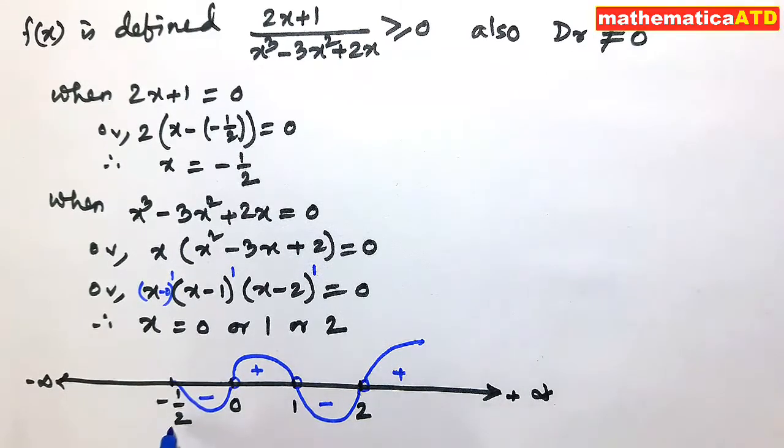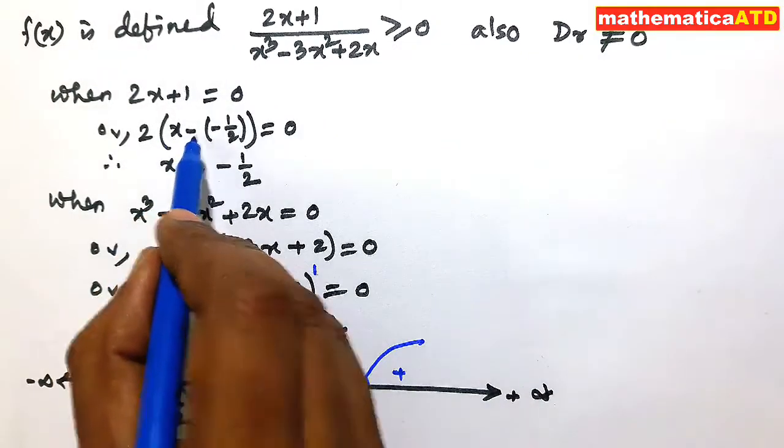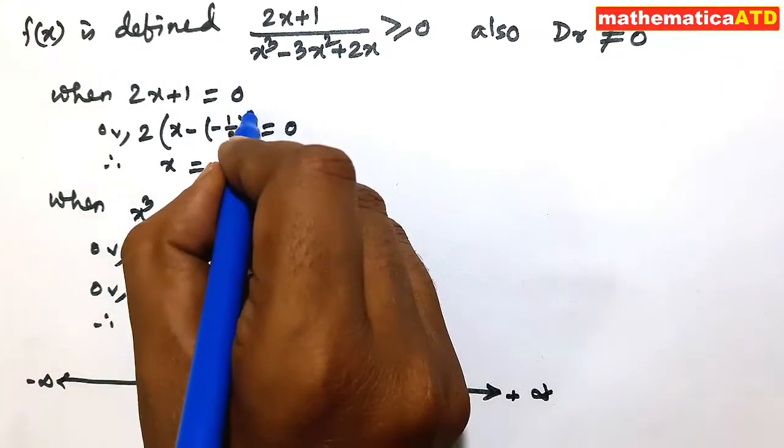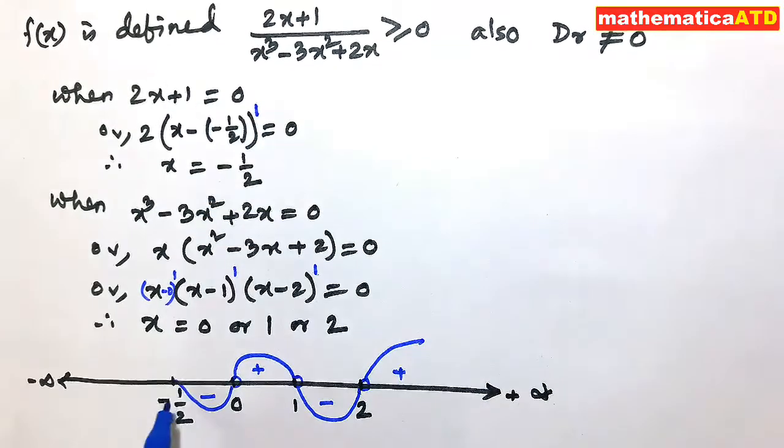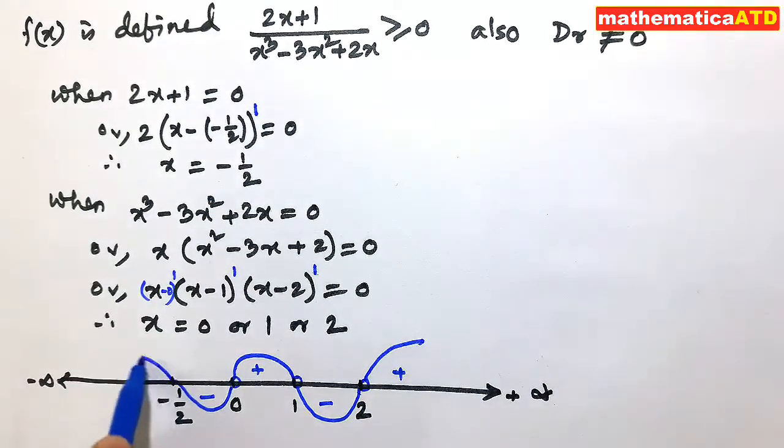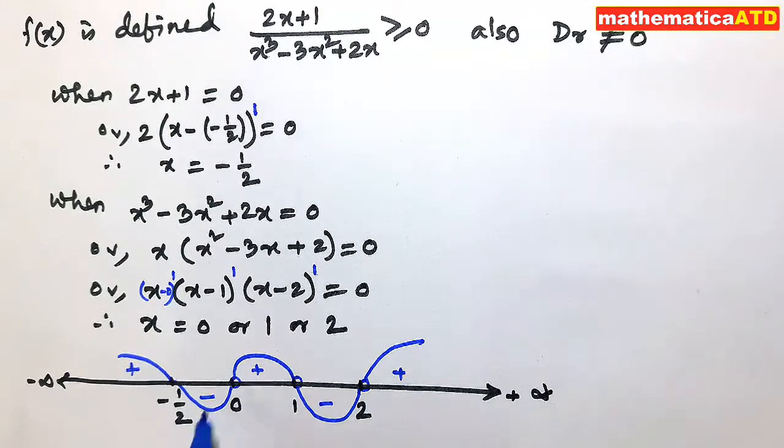And at the point −1/2, you see the factor is x − (−1/2) and its power is 1. 1 is another odd number. For this, we have to change the sign again. So this is plus. So minus infinity to −1/2, there is plus sign put, and −1/2 to 0, minus, and so on. These signs are given.